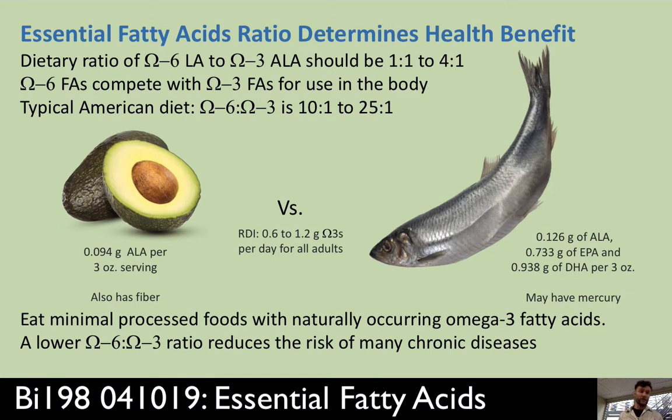So an avocado does extremely well in terms of ALA compared to the fish. It has about 80% of what you're going to get out of a piece of fish. But the fish begins to shine because it has significant amounts of the EPA and DHA as well in them. But that's all assuming that you get a chunk of fish that doesn't have mercury in it.